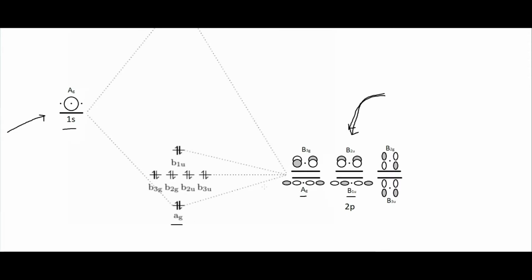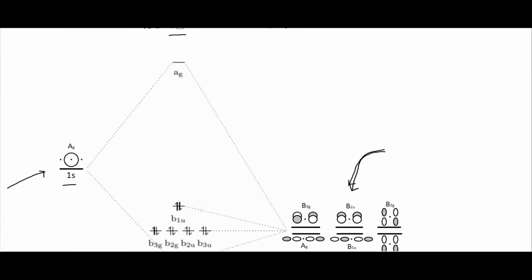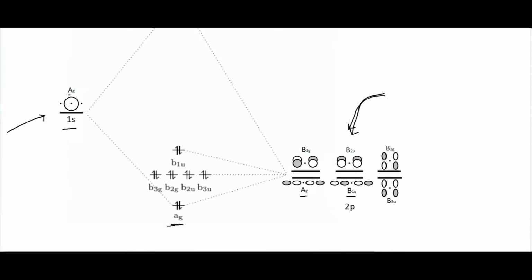And so we see that we have the Ag here, and then the Ag antibonding up here. So that's the Ag coming from the atomic orbitals there, and the Ag coming from these group orbitals right here. Then all these B1u, B2u, B3u, the B3g, the B2g, and so on end up in these non-bonding orbitals right here.